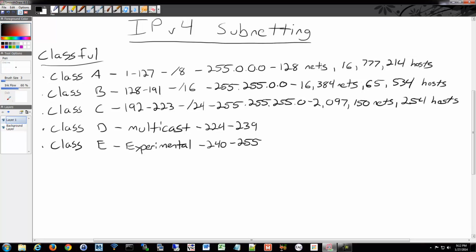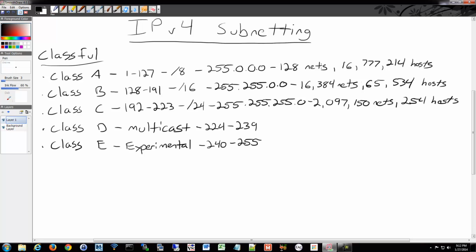So back in the day, before there was variable length subnet masks, which is what we are doing here, creating subnets, which is also referred to as VLSM, and with the routing side of things, when you route variable length subnet masked networks, you're doing classless interdomain routing, which is CIDR. Those are two terms you'll want to know.